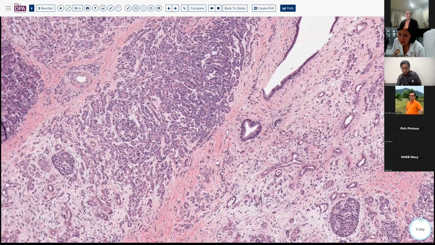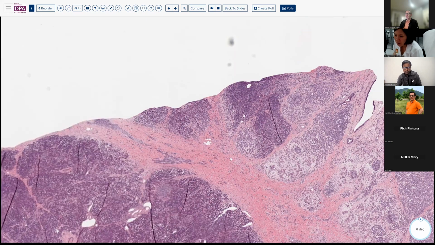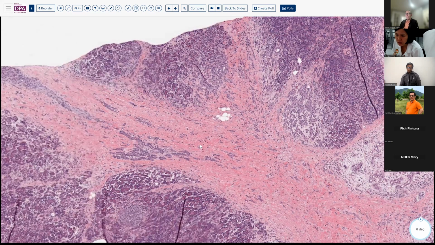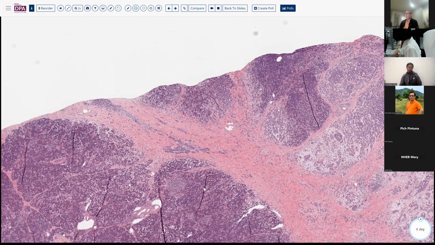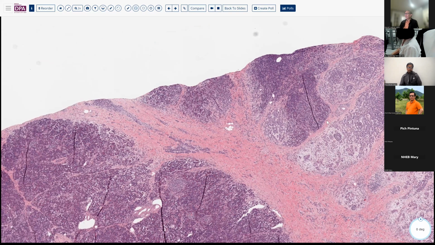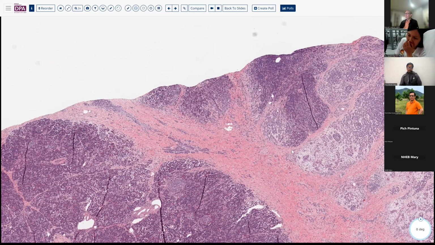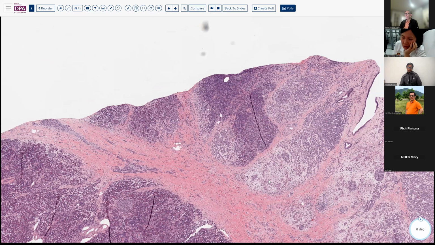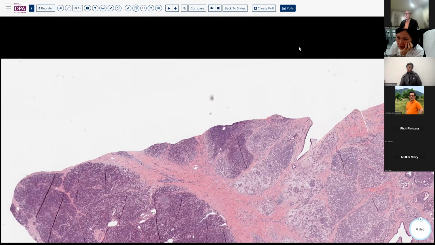Now, if we needed further evidence of its invasiveness, we might need to look a little bit more closely at other areas. Maybe a little bit in there. The contrast here with the normal acinar epithelial or parenchyma is quite helpful as well. So normal acinus and neoplastic acinus over here. And then we'll look down here at the bottom.